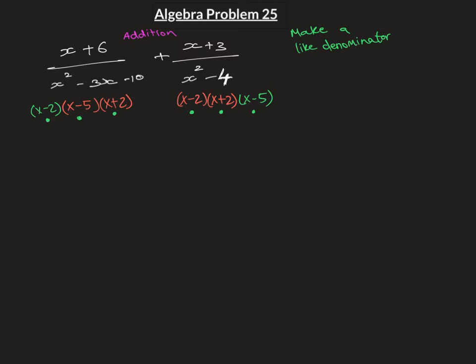And whatever we do to the denominator, you must do to the numerator as well. So if we multiply by x minus 2 on the left side denominator, we have to do x minus 2 on the right side numerator. Now on the right, we multiplied by x minus 5 in the denominator, so we must do the same in the numerator. So x plus 3 times x minus 5.